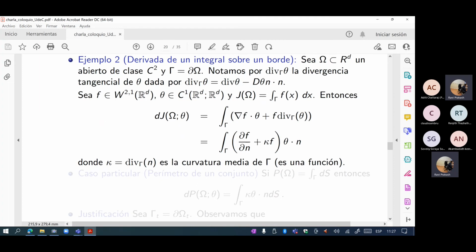And you have another Gauss theorem where you can write it as another integral, and it will reduce to the curvature multiplied by the function f, which is 1, and theta dot n. So the component which appears here is the curvature of the boundary at any point, theta dot n. So this is the shape derivative for the perimeter function.